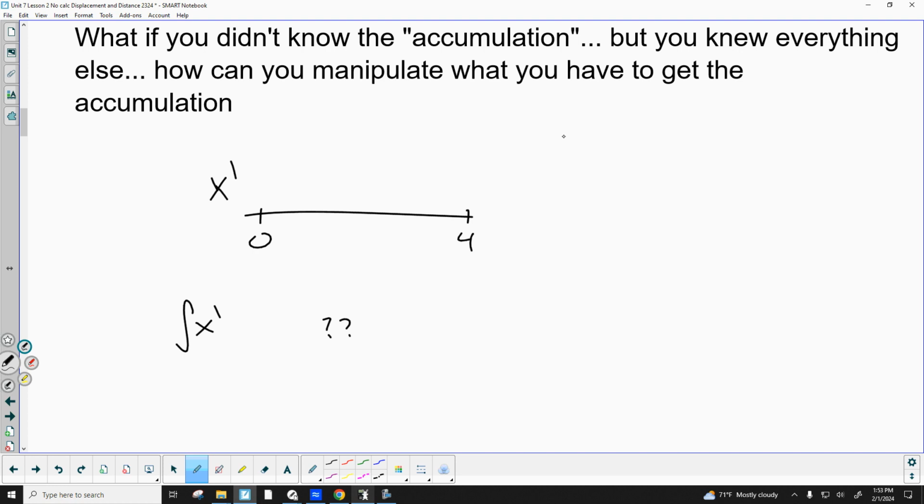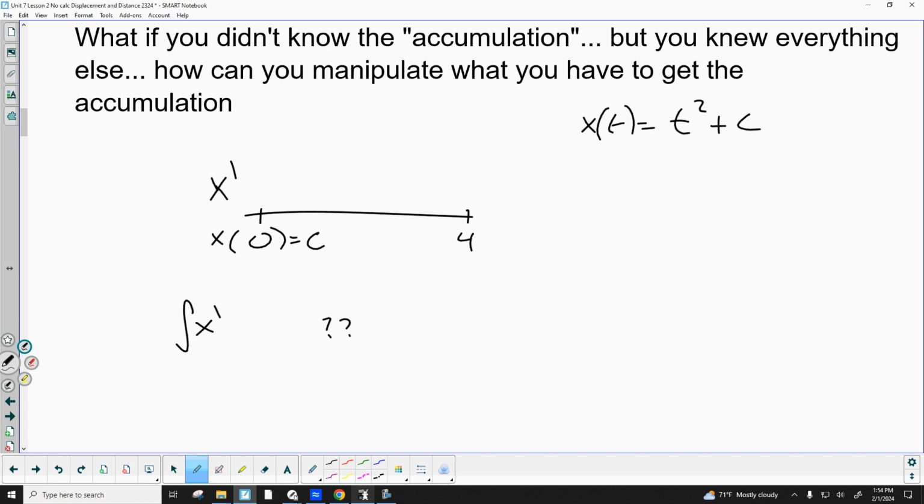But the best I can do is find some position function that maybe has a c in it. Maybe it's like t squared plus c. Well, my position at time 0 would be c.